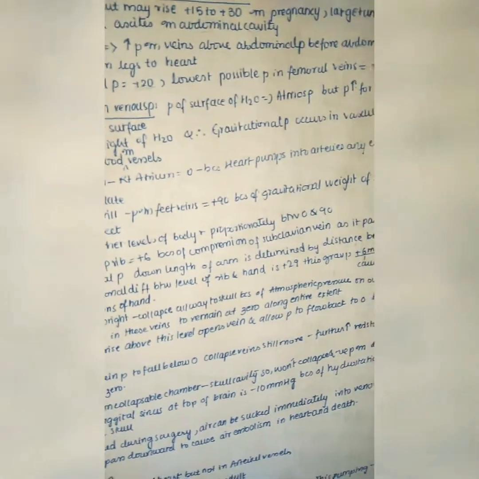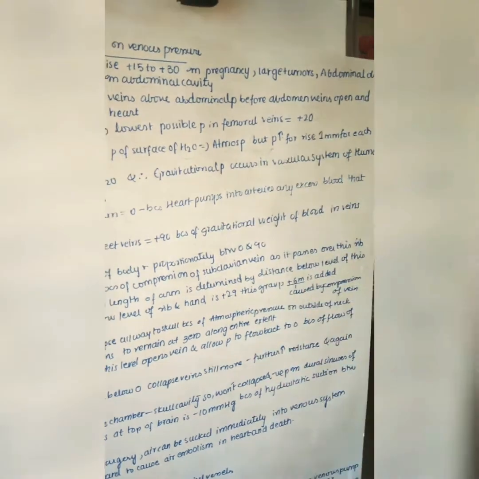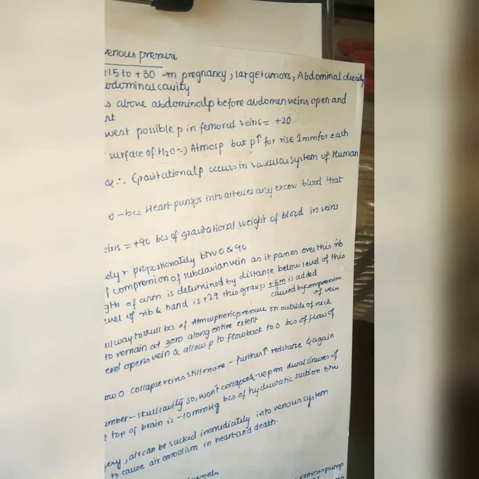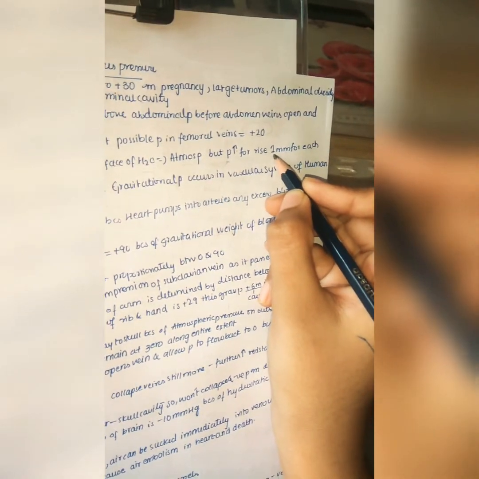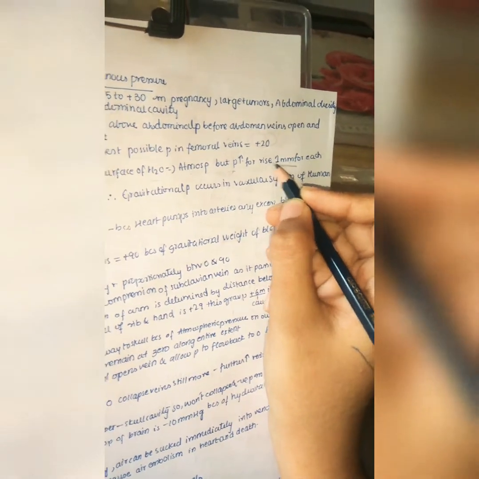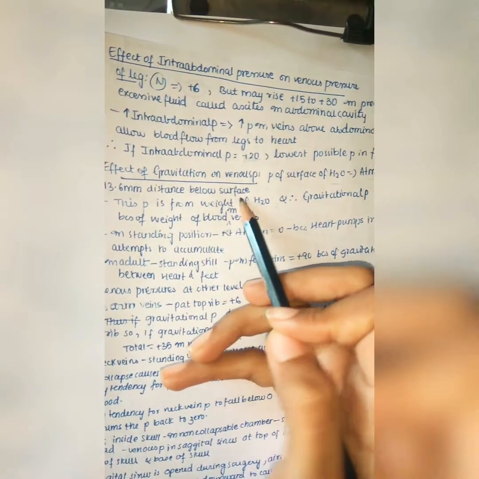So let us see now what is the effect of gravitation on venous pressure. The pressure at the surface of water is normally equal to atmospheric pressure, but the pressure increases by 1 millimeter of mercury for each 13.6 millimeters of distance below the surface.